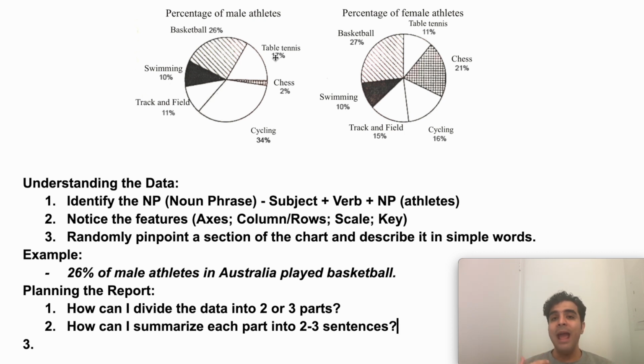Now, on average, this isn't a hard rule, but on average, you will achieve 150 to 200 words by having 2 or 3 paragraphs, which are each 2 or 3 sentences long. And so in some cases, you will need to only select 3 pieces of information to include.